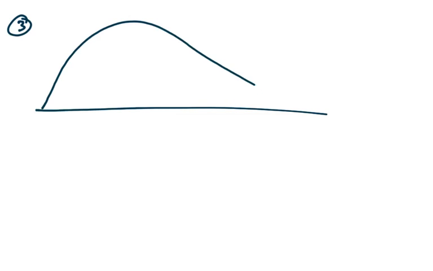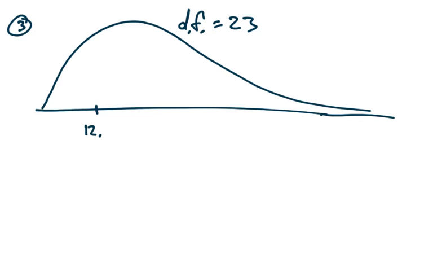The next thing to do is to calculate the p-value. Step 3, we'll go ahead and do that. So here is our distribution curve. The degrees of freedom that we're going to remind ourselves that we're using is 23. And we have this value, 12.733, right here. Now we have to look up the p-value for this chi-squared.